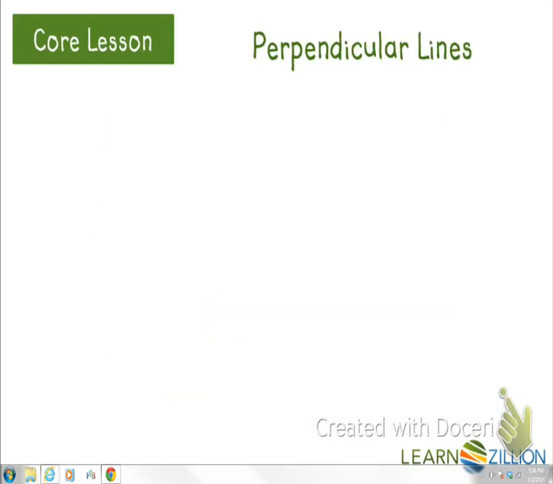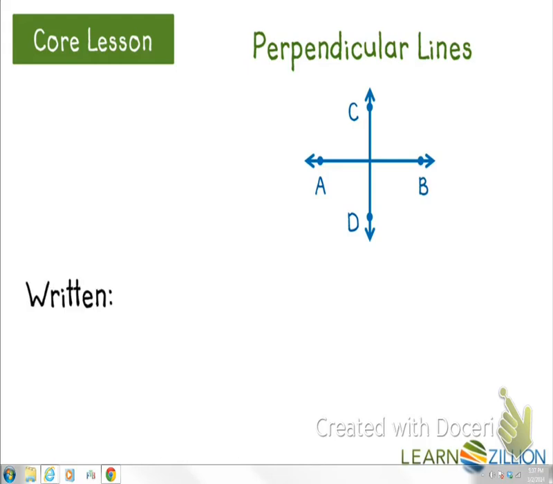Now, when we're looking at perpendicular lines, when we have pairs of lines, we can describe them as perpendicular or parallel. So let's take a look at how to name perpendicular lines. When we name perpendicular lines, we use the same labeling for lines, but what we are adding is the language. So here we have line AB, and we're going to use the symbol to identify that line AB is perpendicular to line CD.